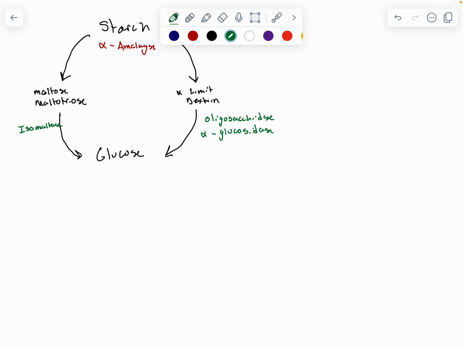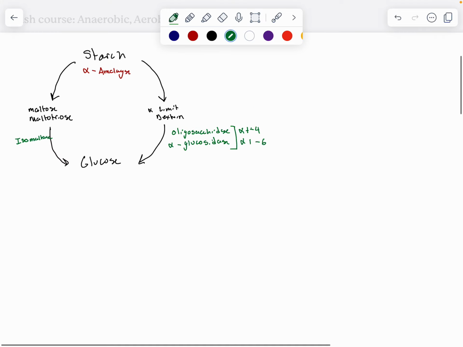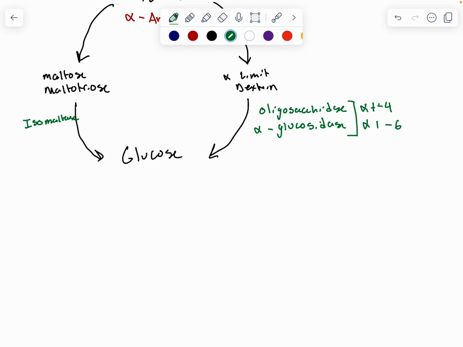Isomaltase over here on the left-hand side is going to be breaking down the rest of the alpha 1,4 bonds left over, but these two enzymes right here are acting upon every alpha 1,4 linkage as well as every alpha 1,6 linkage, and that is specific to alpha limit dextrin. So make sure to be able to differentiate what enzymes act on which bonds between our intermediate steps here.